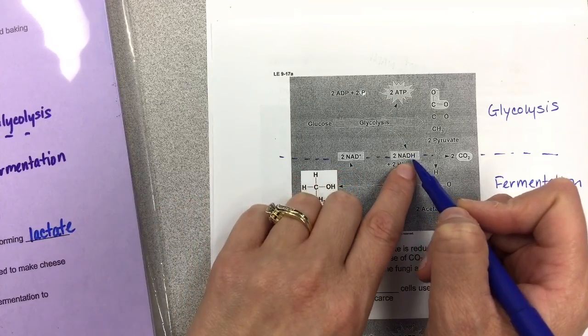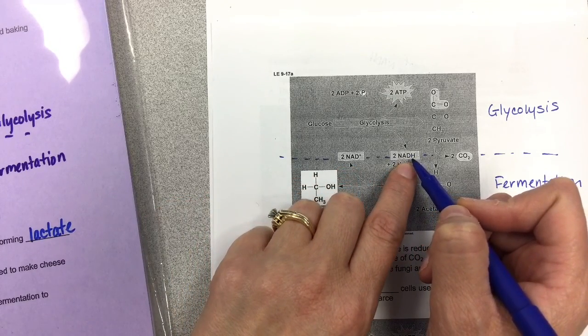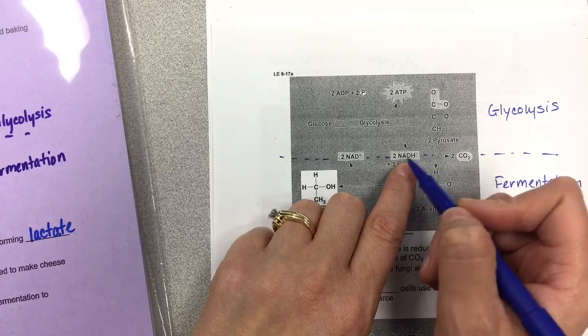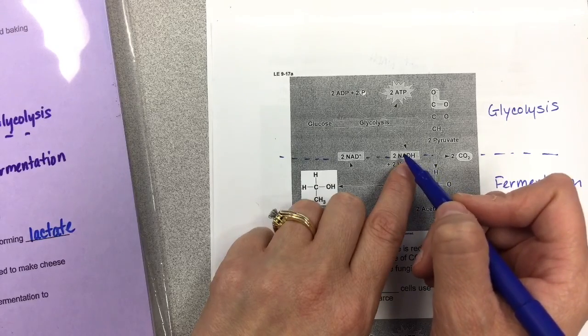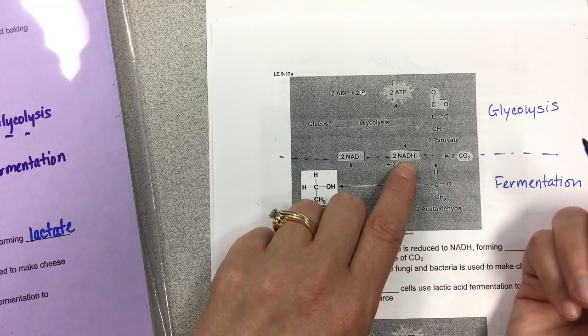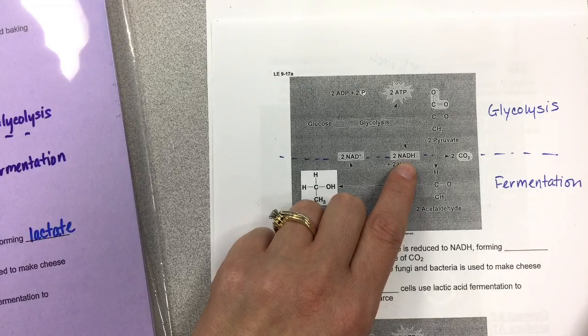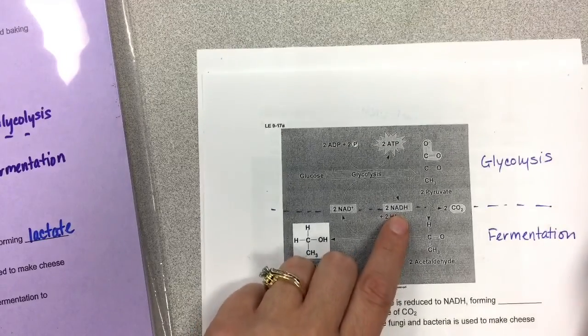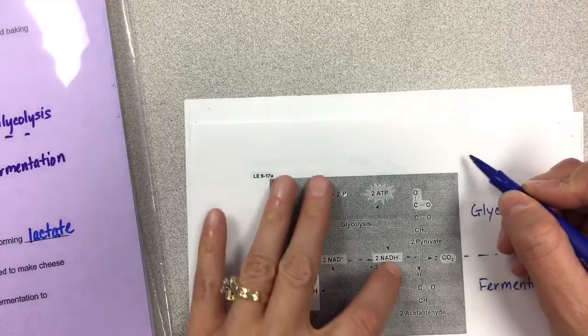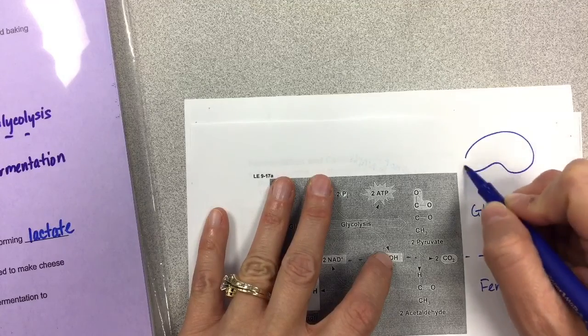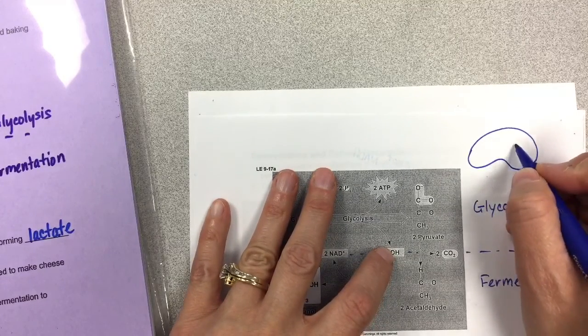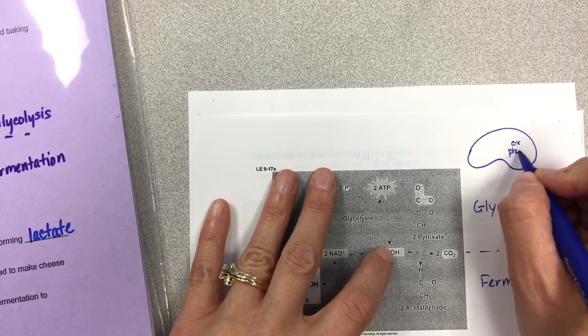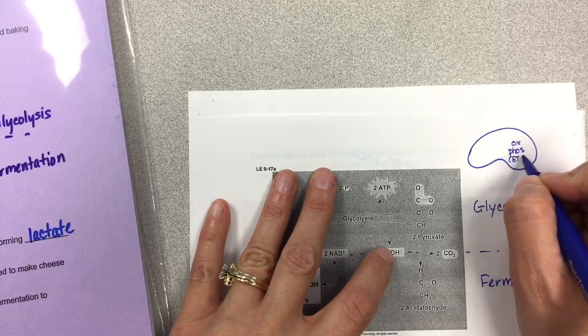Now, usually, where does this NADH go? This NADH usually doesn't build up in the cytoplasm. It usually takes the electrons to the electron transport chain, right? But without oxygen, if I draw here the mitochondria, and this is oxidative phosphorylation occurring here, so this is the ETC, right?